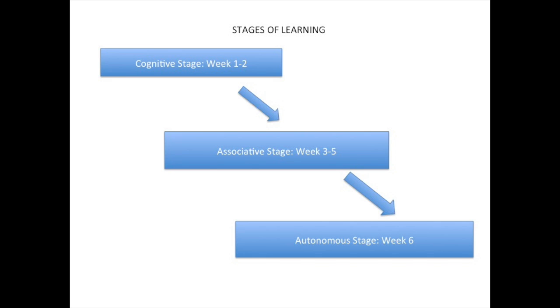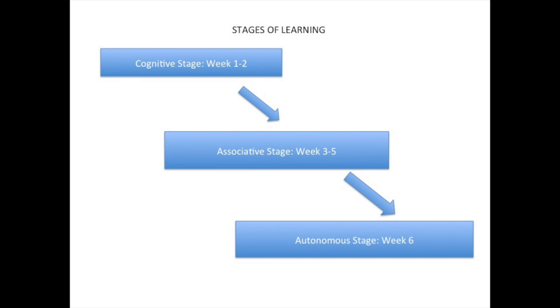Weeks 3 to 5, we expect our novice trainer to progress into the associative stage. This is where we expect them to have a further understanding of the sequence of events that are required for an accurate AFL set shot and be able to coordinate the key aspects appropriately. We expect them to be able to adjust to different situational demands, such as pressure from the opposition. Due to only having 6 weeks of training, we don't expect our participant to reach the autonomous stage. However, we do want to see them progressing towards this stage.